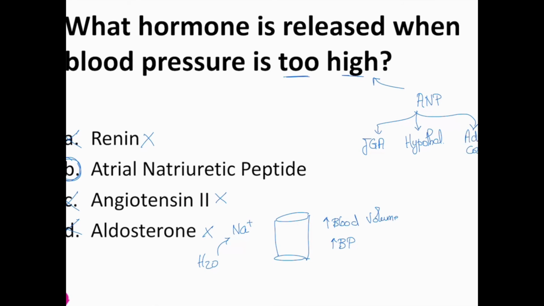Can you remind me of the action on each of them? In the juxtaglomerular apparatus, I will reduce renin release. In the hypothalamus, I would be reducing ADH release, and on the adrenal cortex, I would be reducing the aldosterone release. Alright, so the only one on here that gets released in case of high blood pressure is my atrial natriuretic peptide.